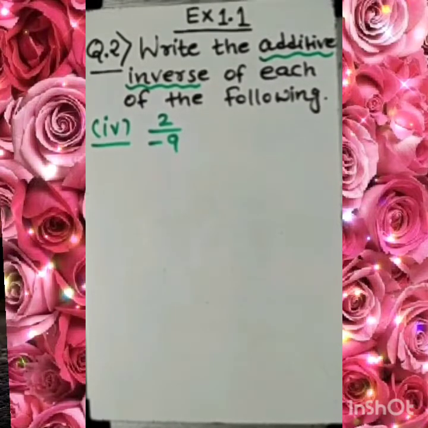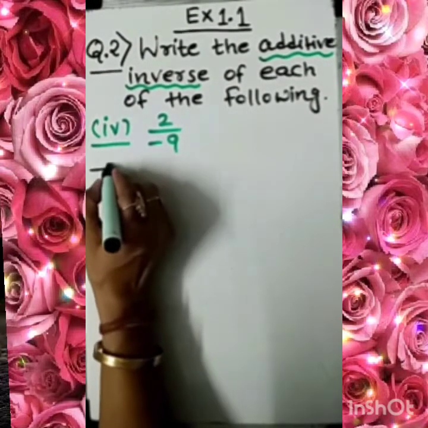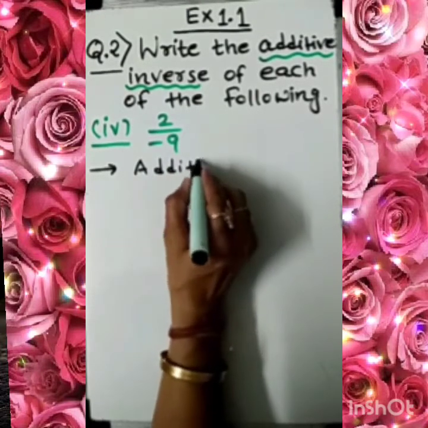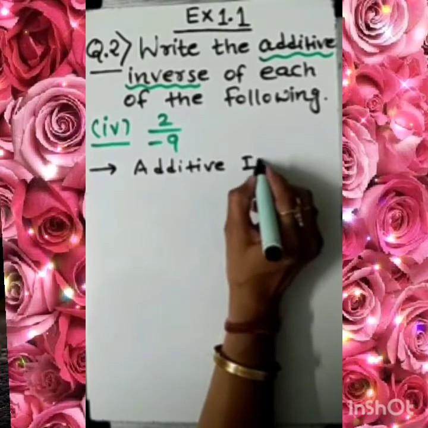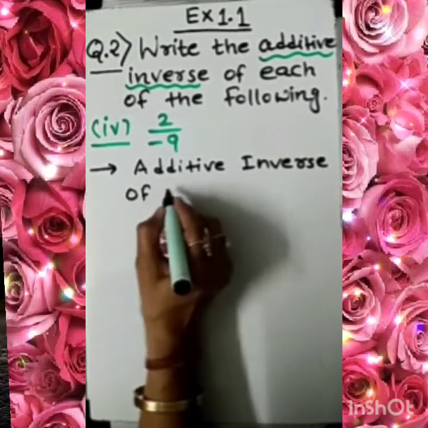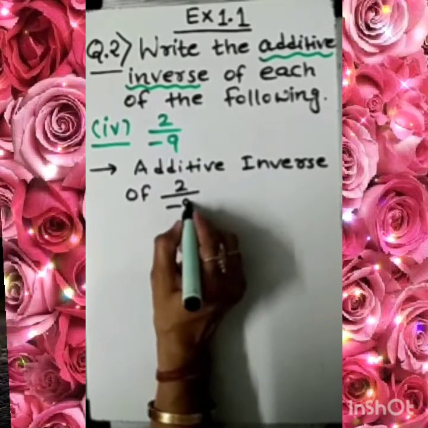The fourth part of question number 2 is 2 upon minus 9. Let's note down. We need to write here additive inverse of 2 upon minus 9.